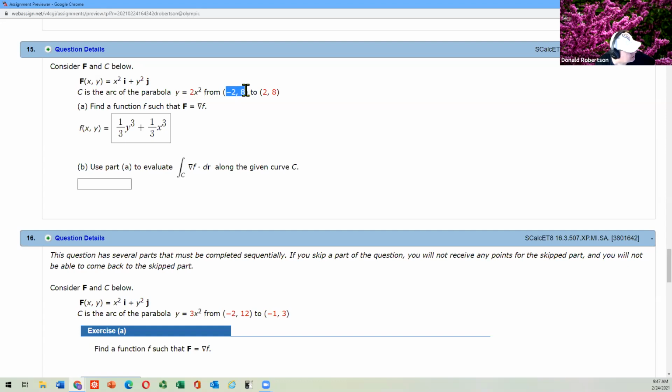Up here, it was a curve y equals 2x squared, and it's going from here to here. Can you see that this would be your destination point? So you would evaluate this at (2, 8), and then you would evaluate this at (-2, 8). Destination, take away, start. So that's how that one would work.